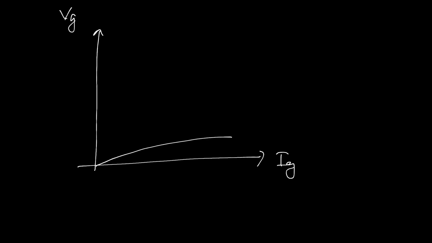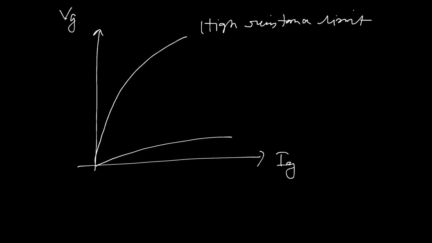This is one kind of characteristic for a thyristor, and this is another characteristic of the thyristor which can be represented by the high resistance limit. So consider this is the high resistance limit, and this is, suppose, the low resistance limit.